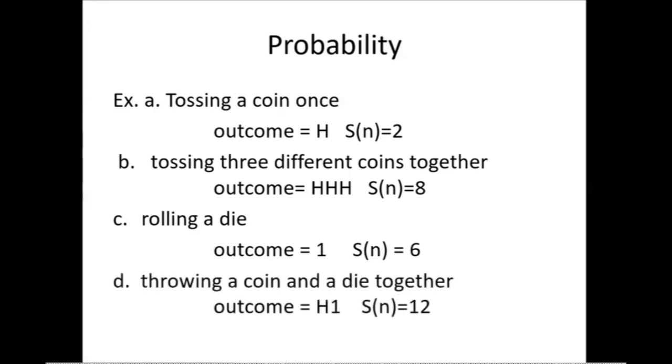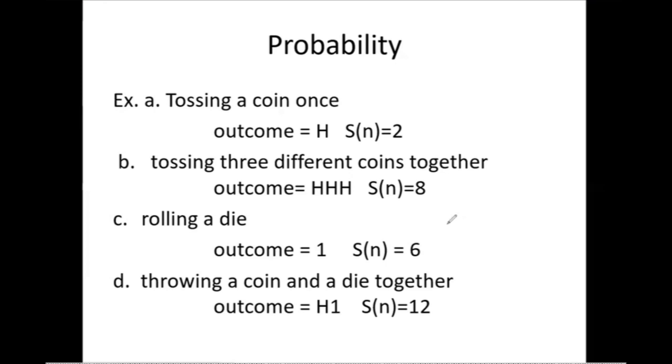Next, combining a coin and a die. So, throwing a coin and a die together. So, ang pwede maging outcome ay head for the coin and 1 for the die. At ang kabuuan nun ay ang sample space niya 12.